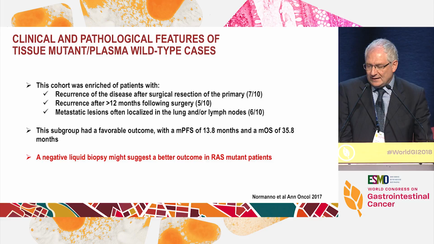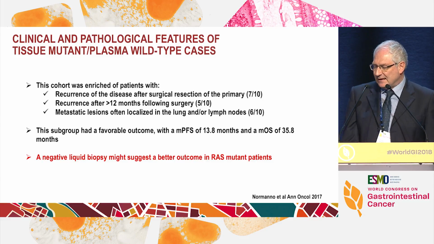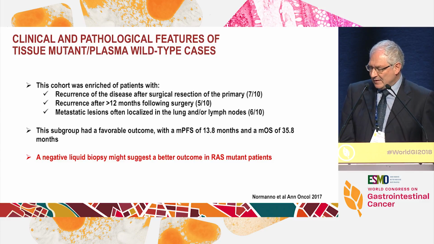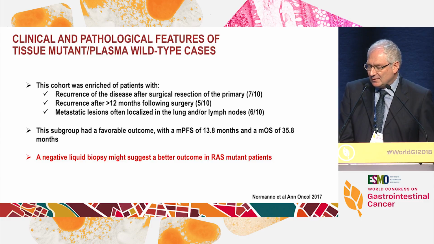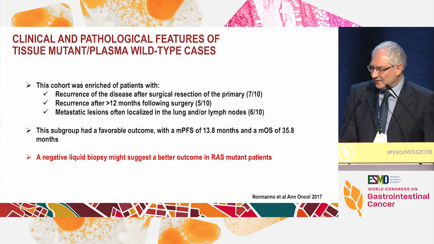Interestingly, it was important to analyze the differences between discordant cases, for example, mutant in the tissue and wild type in the plasma. As you remember, these were 10 patients, and there were some common characteristics. For example, 7 out of these patients had a recurrence of the disease after the surgical resection of the primary. So the primary was where the mutation was.